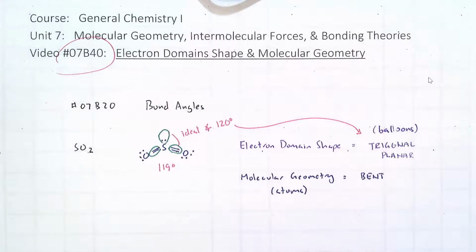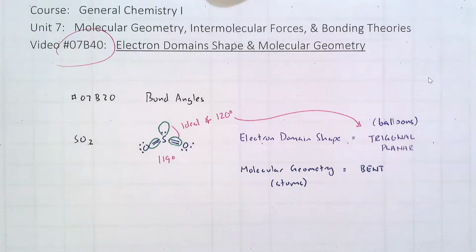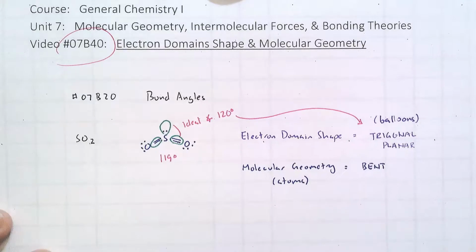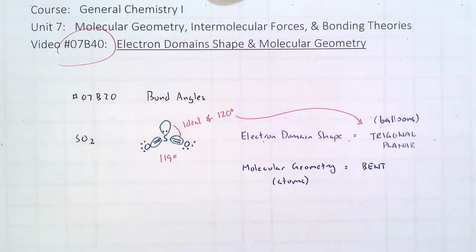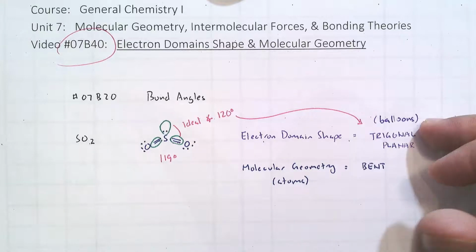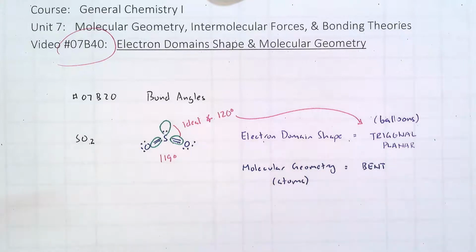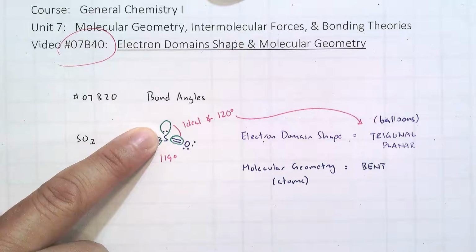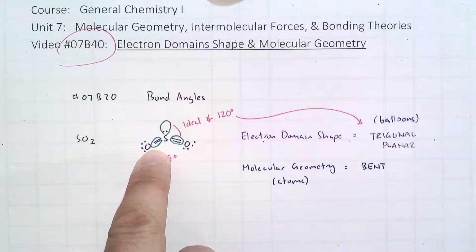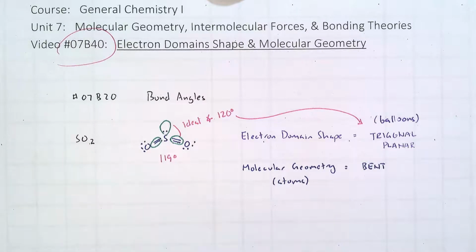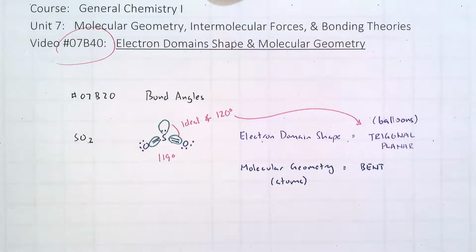Now, I have a study sheet that has all the shapes that you will need to know. I was going to write down a list of what constitutes a balloon. We already seen 2 examples. A lone pair can be a balloon, a double bond can be a balloon, but also a single bond and a triple bond can be a balloon.